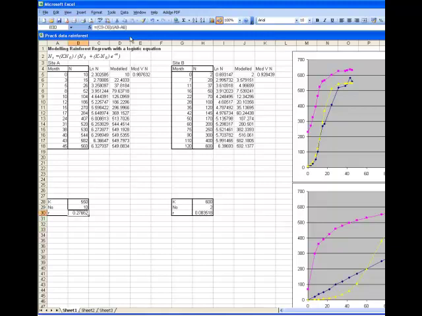If we were to, instead of looking at the gradient between 3 months and 10 months in order to define the specific growth rate, if we looked at between 5 and 10 months, it doesn't make very much difference, but it's slightly worse. The fit's slightly worse, so we can revert back to our previous value.